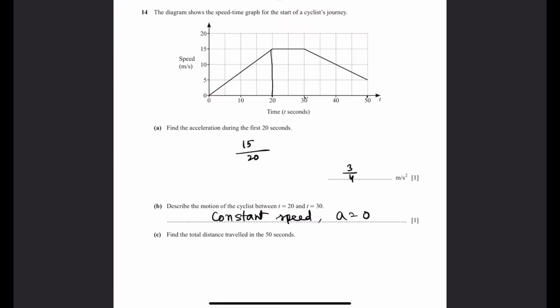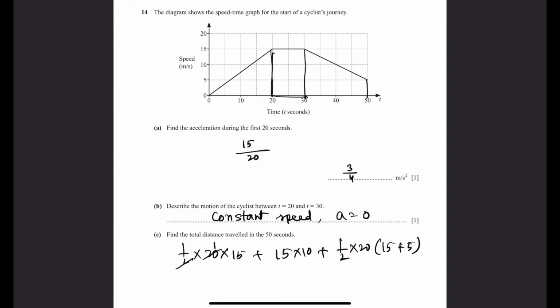This is 20 and 15. Half into 20 plus this part. Height is 15, this is 10, so 15 into 10 plus this part, half into 20, then 15 plus 5.